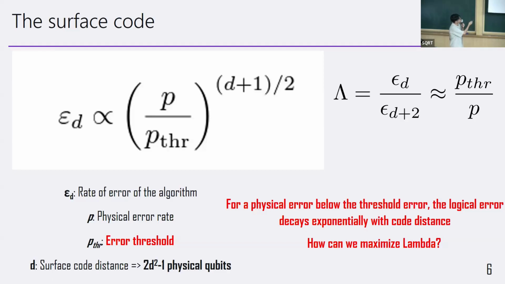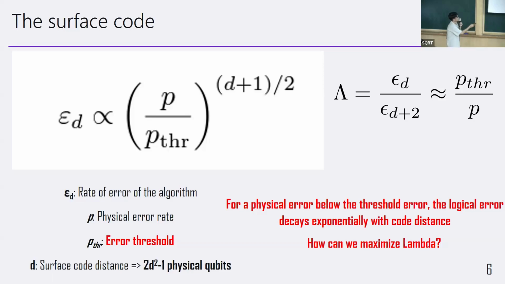Now, this term here is what's in the money. This thing is what we wish to keep under 1. If we cannot keep this under 1, error correction is basically unfeasible. So we call this special value 1 over lambda. So this is called the threshold probability, a little bit of a spoiler, over the physical error.